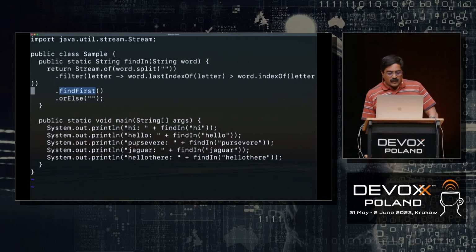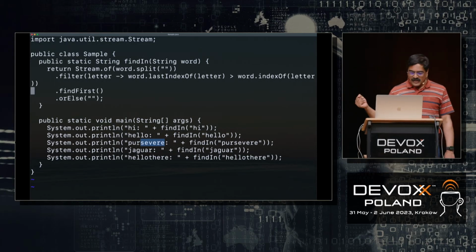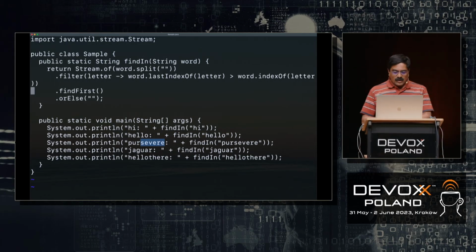So in this particular example, it would never evaluate the S, E, V, and so on. It is going to stop as soon as it evaluates the R, because that's what findFirst does. It's going to quit immediately. It's a lazy evaluation, it's not going to process all the values, so that can be a nice way to implement it.